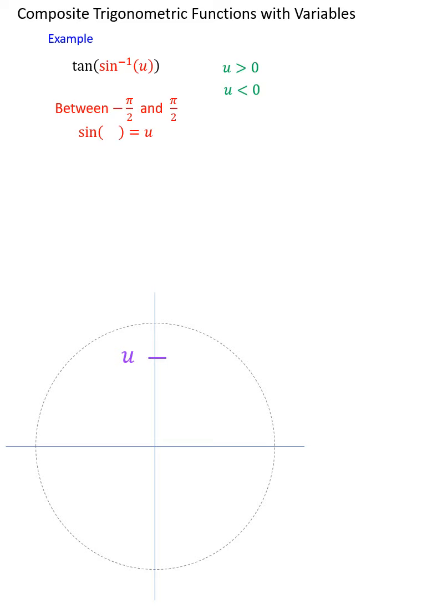If u is a positive number, something here on the y-axis, let's just arbitrarily say, then it corresponds to some terminal point, which we could call P, and this here would be the arc corresponding to that terminal point. On the other hand, if u were negative, it would look somewhere down here, and it would correspond to a different point. We could call that P prime, and then our arc length would be represented by a negative number if we were in quadrant 4.